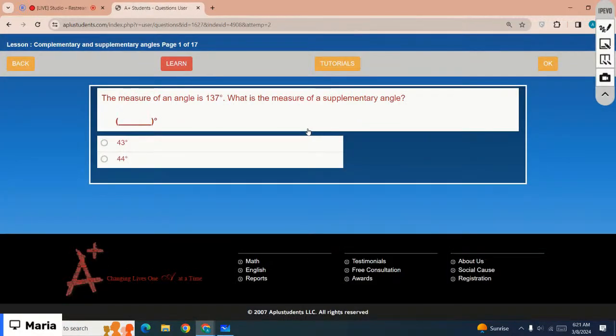The measure of an angle is 137 degrees. What is the measure of the supplementary angle? So, which is the correct option? Supplementary angles sum to 180 degrees, right?